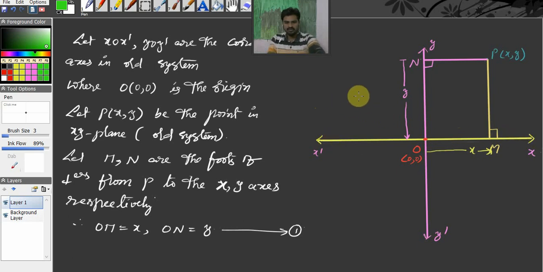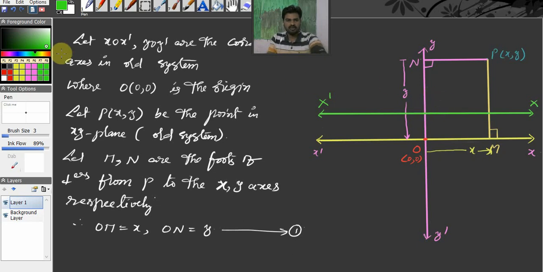Now I have to take the new x-axis here. Let this be the new x-axis, which can be taken as capital X comma X dash.